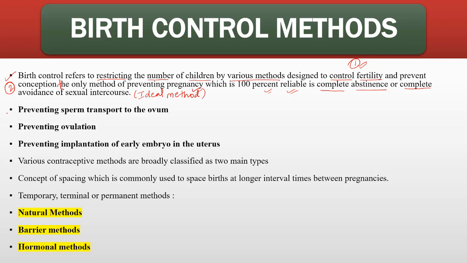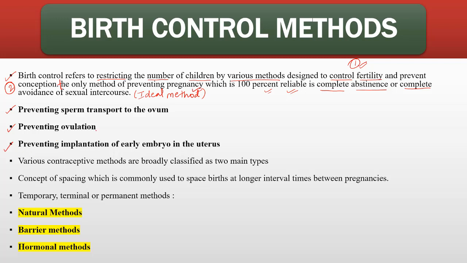Now coming to the next, preventing sperm transport to the ovum can be a birth control method. Secondly, prevention of ovulation, meaning not letting the hormones that are required at the time of ovulation act. Then preventing implantation.